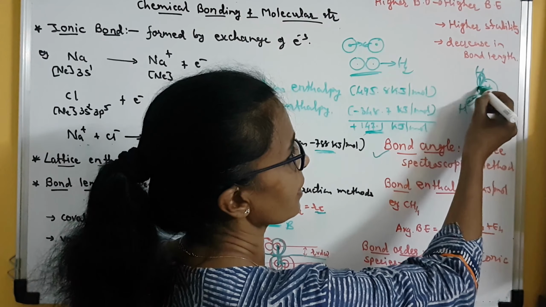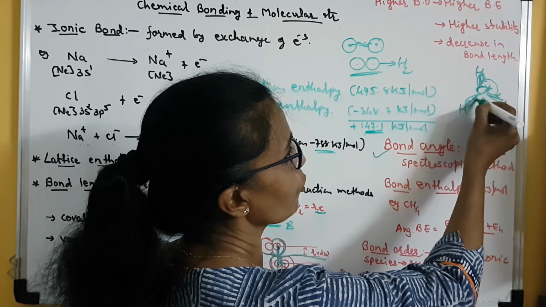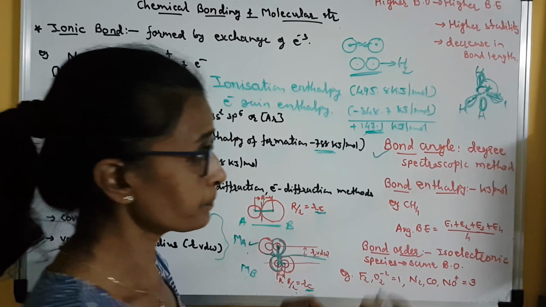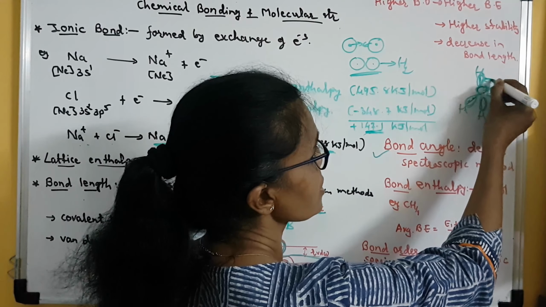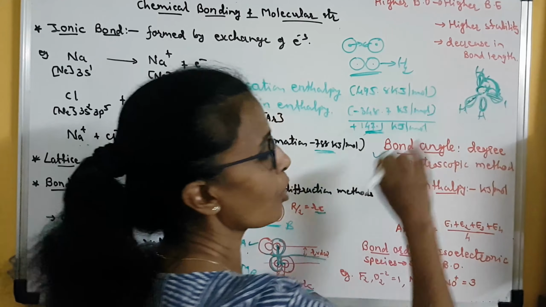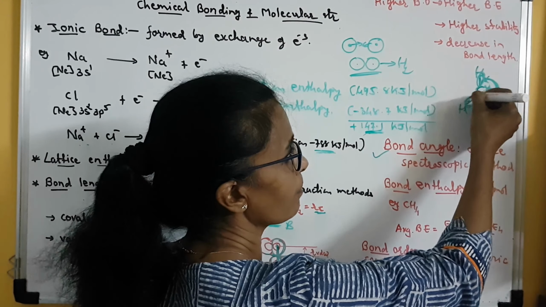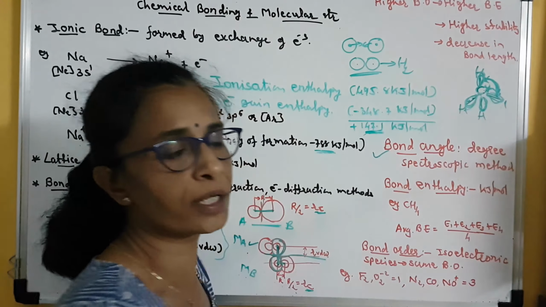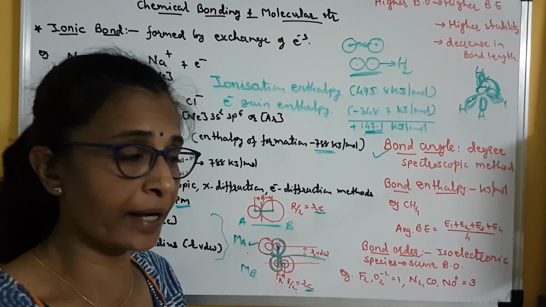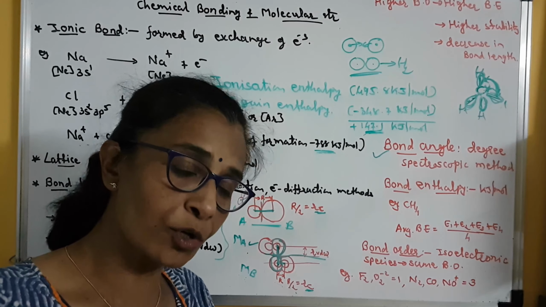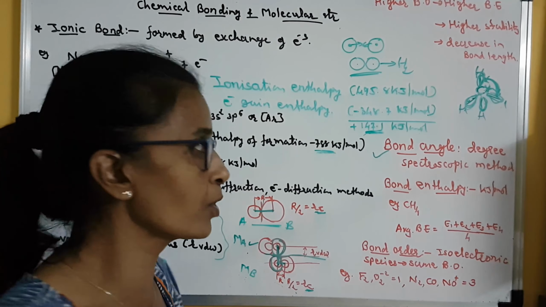So this is the central atom around which there are 4 orbitals which contain the bonding electron pair. The angle between these bonding orbitals is called bond angle, and this bond angle gives us the idea about the distribution of these bonding orbitals around the central atom, and so it also gives us information about the shape of the molecule.